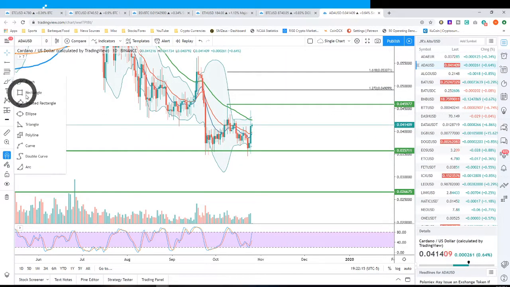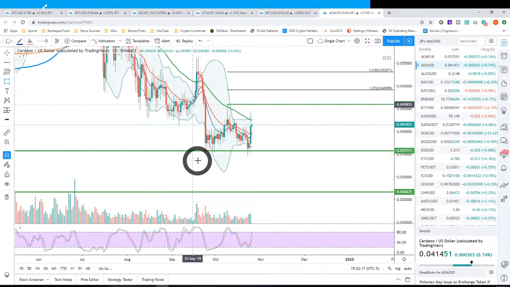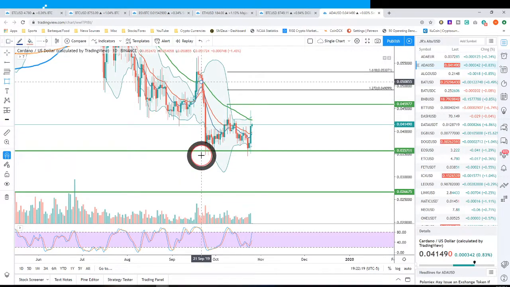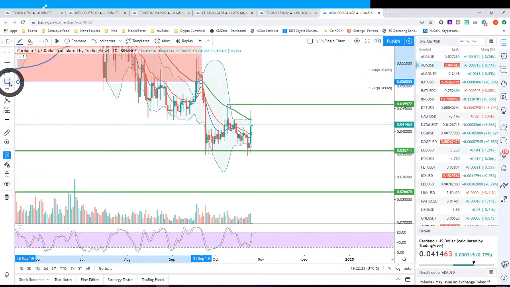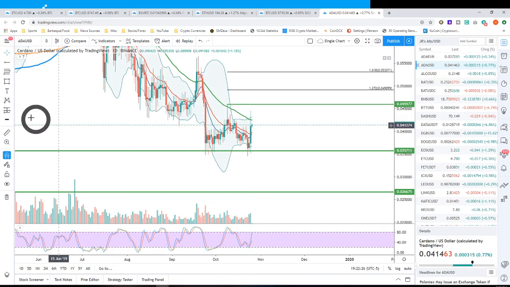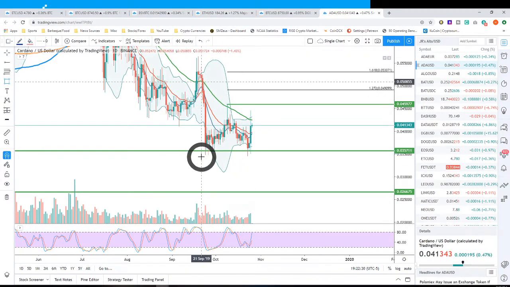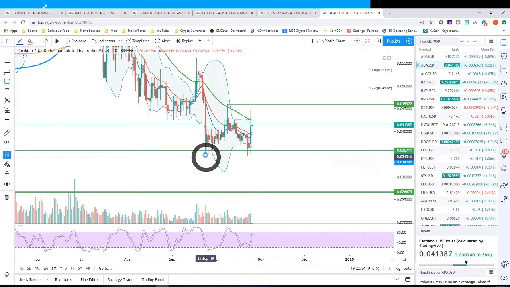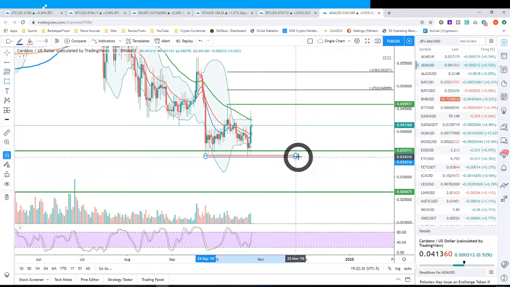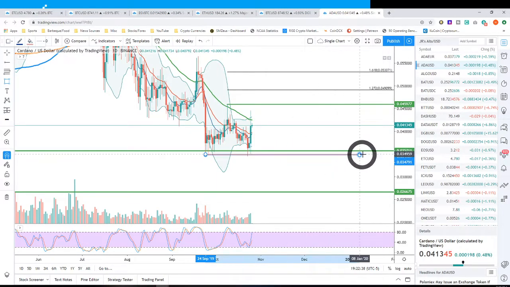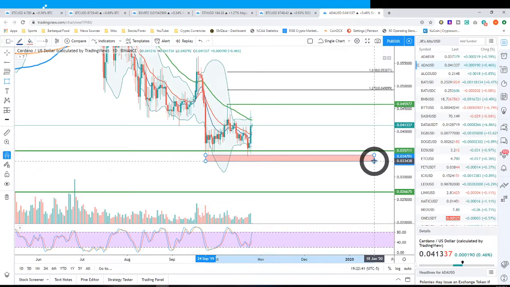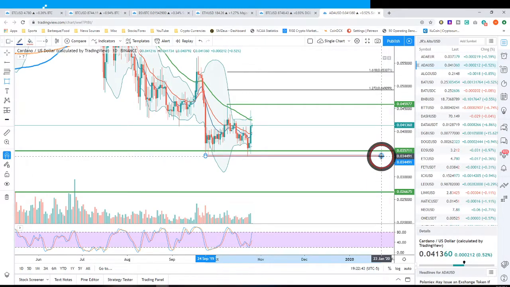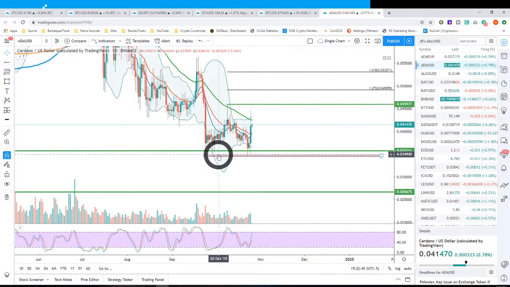Tell me if I'm wrong, but is this area right here, let's call it right in there, is that not a bottom?